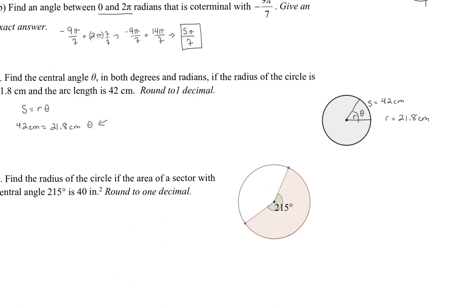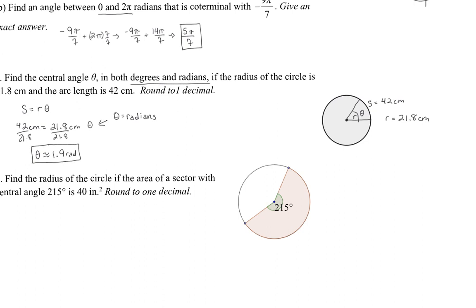So this will give us theta in radians, but we know from problems 1 and 2 how to change it into degrees, and it wants it both in degrees and radians. So if we do that math right there, and divide by 21.8, we end up getting theta is roughly 1.9 radians.